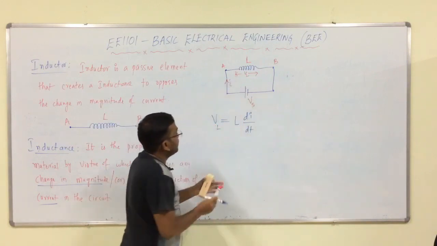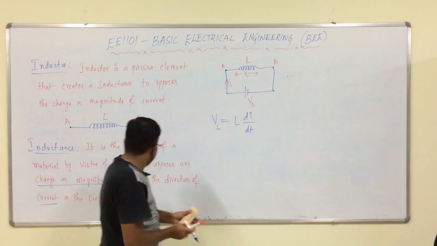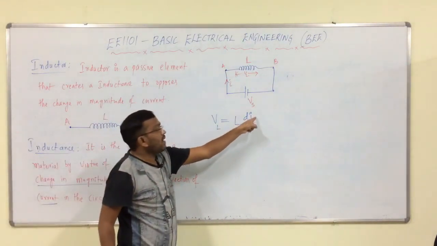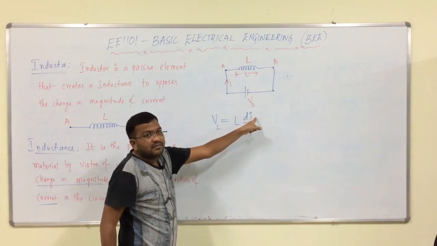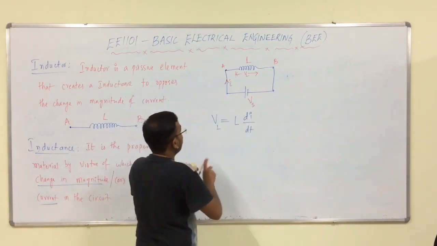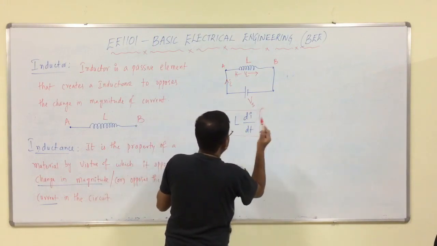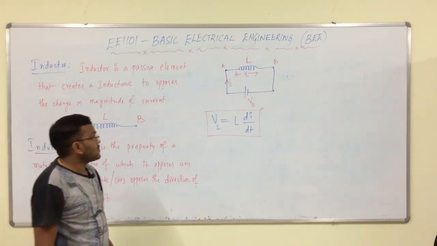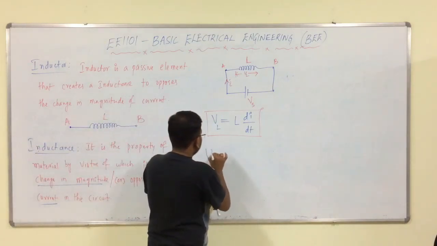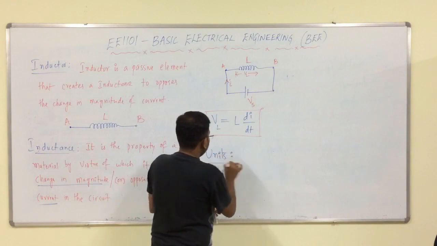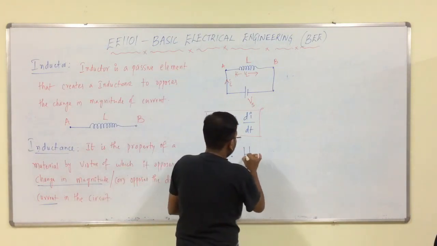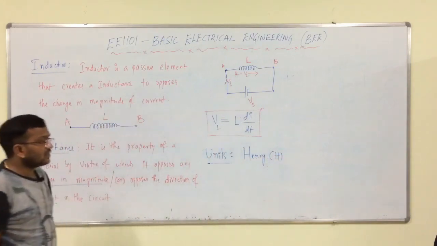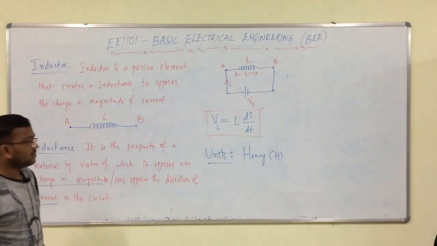L into the rate of change of current, meaning it opposes change in magnitude of current, no? This is the formula for inductance, L into di by dt. The unit is Henry, simply H. Units of inductance are nothing but Henrys.